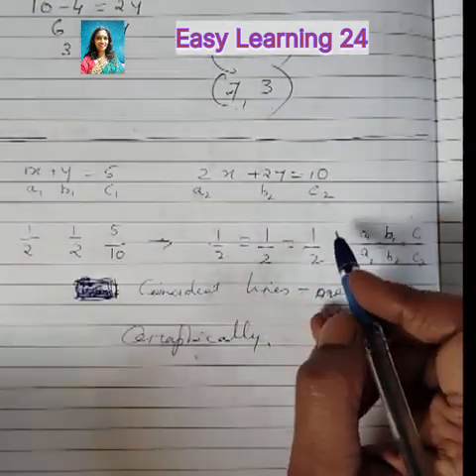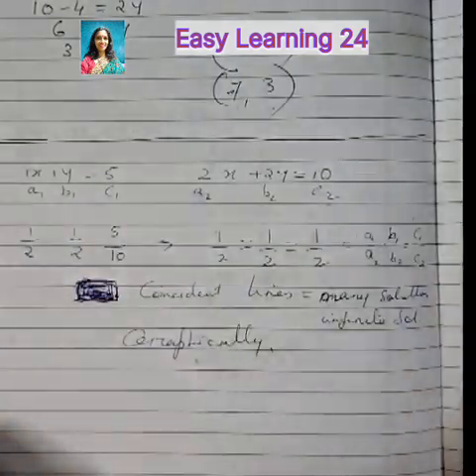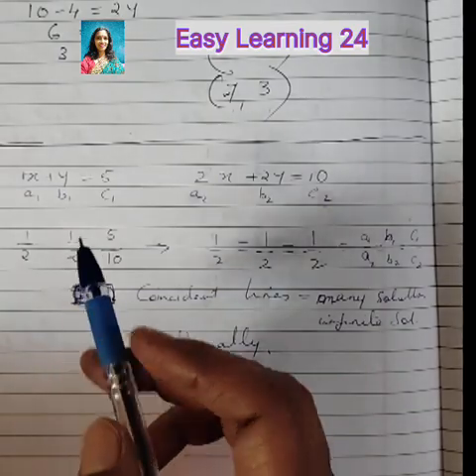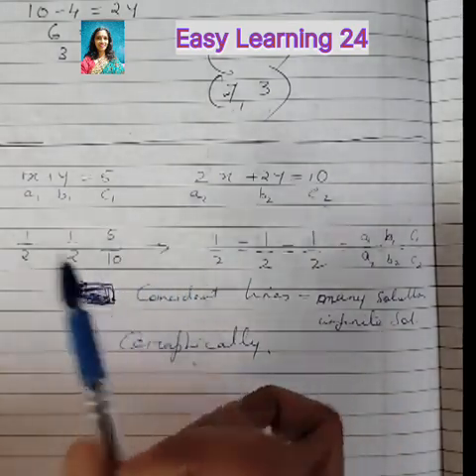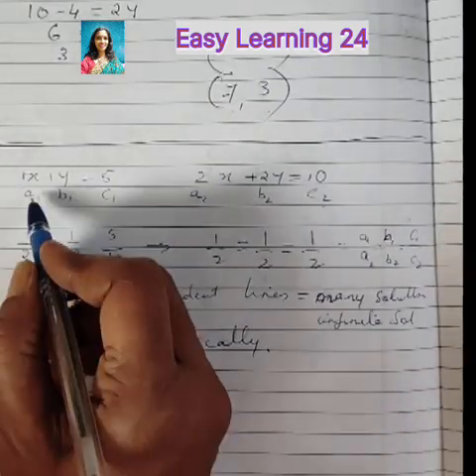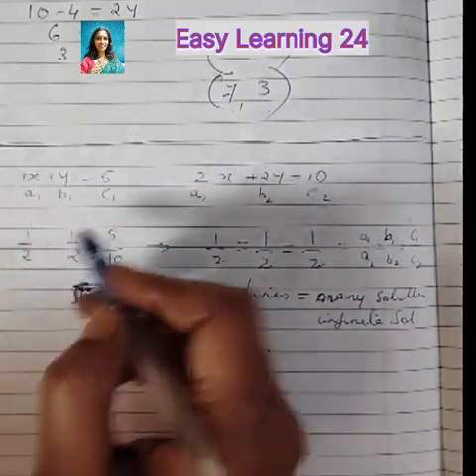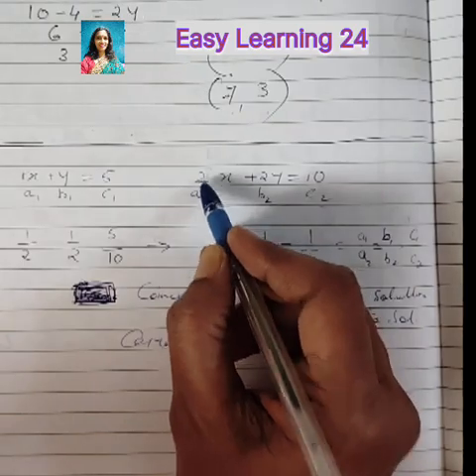Okay. So when we compare a1 upon a2, b1 upon b2 and c1 upon c2, we'll see what their positions are. Now a1 upon a2 is what? a1 is 1, a2 is 2.